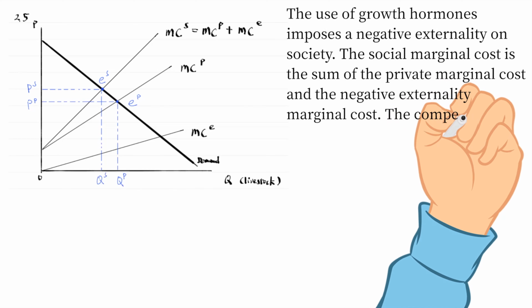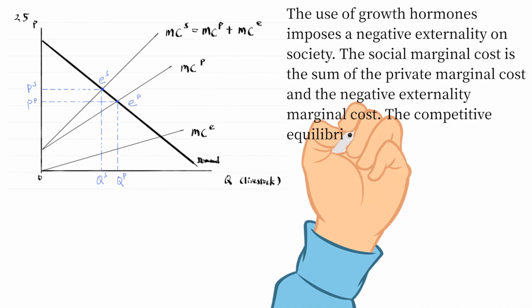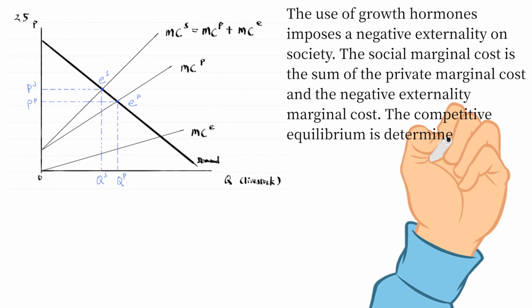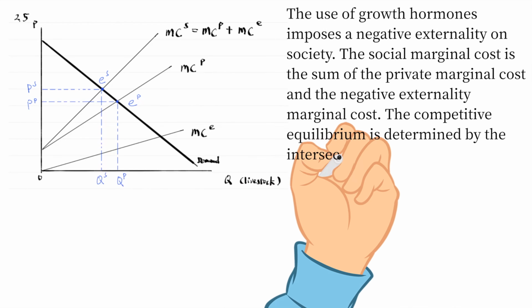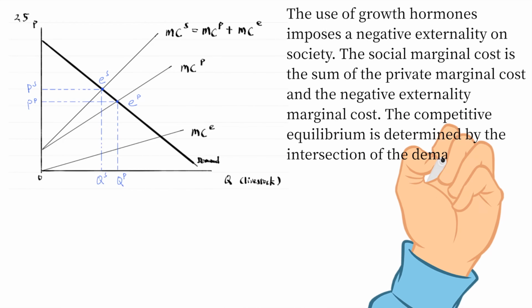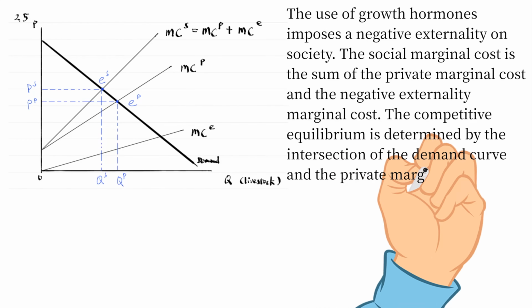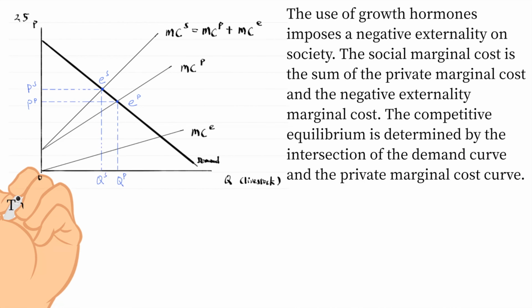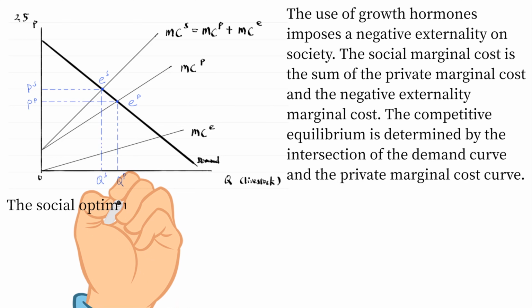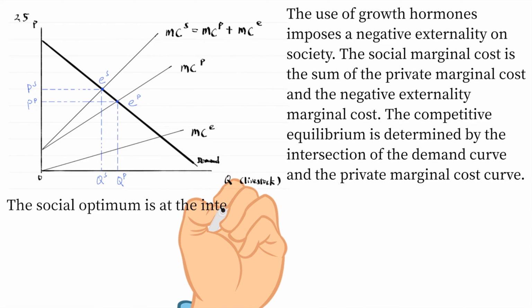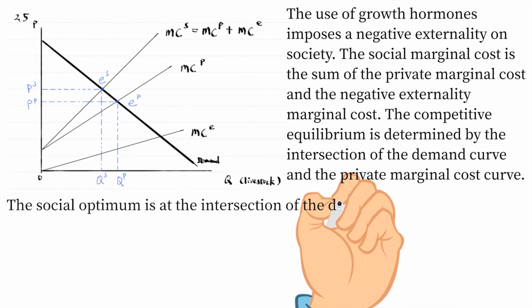The competitive equilibrium, EP, is determined by the intersection of the demand curve and the private marginal cost curve. The social optimum, ES, is at the intersection of the demand curve and the social marginal cost curve.